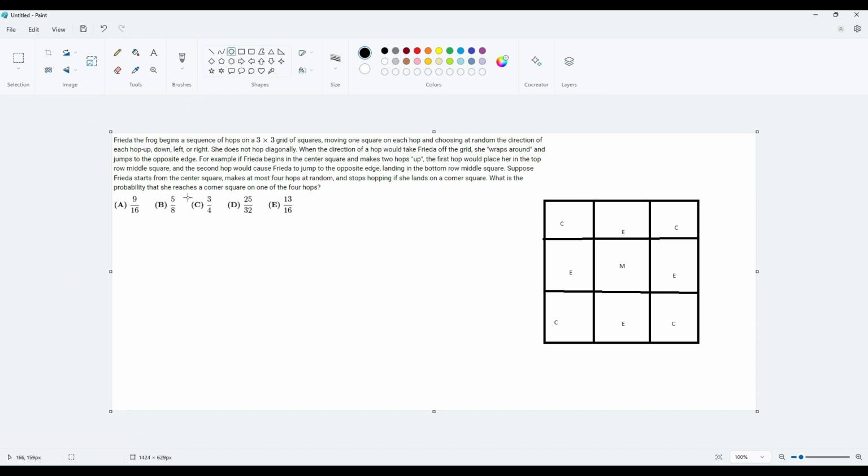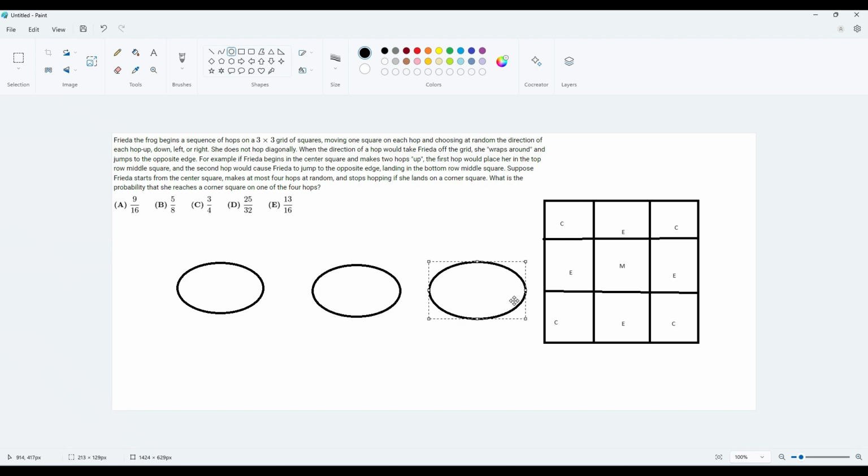The problem says Frida starts in the middle, so let's draw these 3 circles to showcase where Frida could be at a given time. This would be the middle, this would be the edge, and this would be the corner.